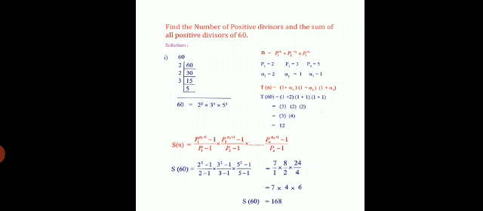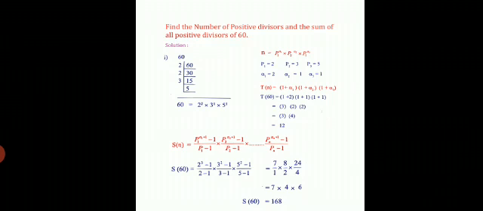Now substitute their values, that is S of 60 is equal to (2 raised to 3 minus 1) upon (2 minus 1) into (3 raised to 2 minus 1) upon (3 minus 1) into (5 raised to 2 minus 1) upon (5 minus 1).